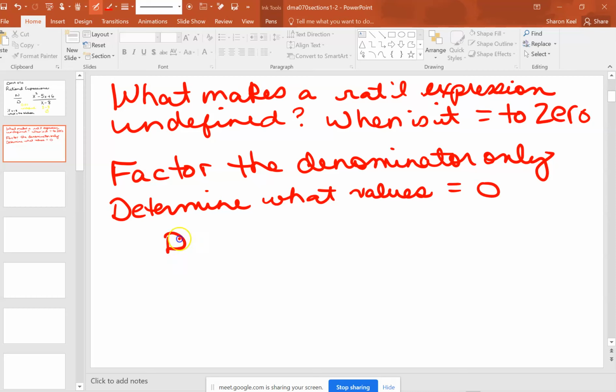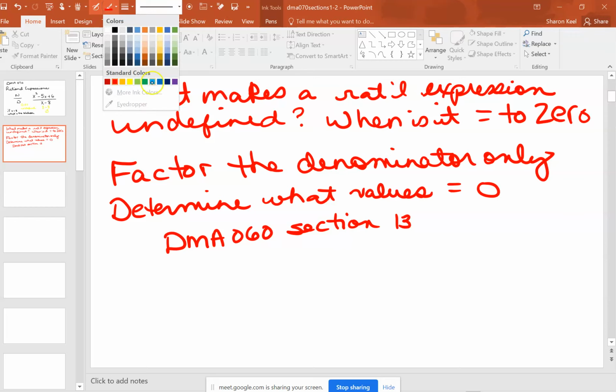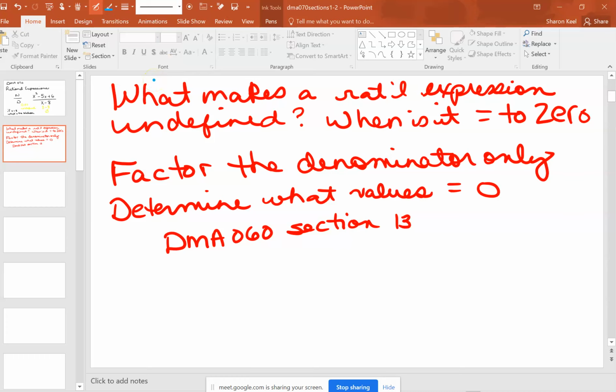In other words, think back to DMA 070 section 13. That was when you had an expression that you had to factor. It was set equal to 0, and then you gave solutions of what made each denominator equal to 0. So let me give you an example here. Let's say we have 3 over x minus 7.